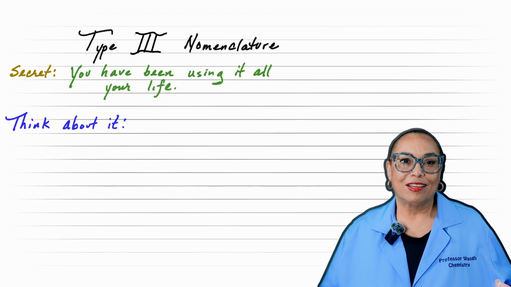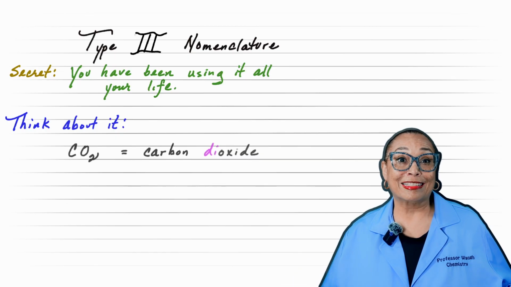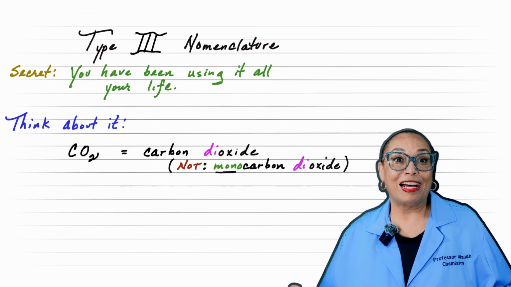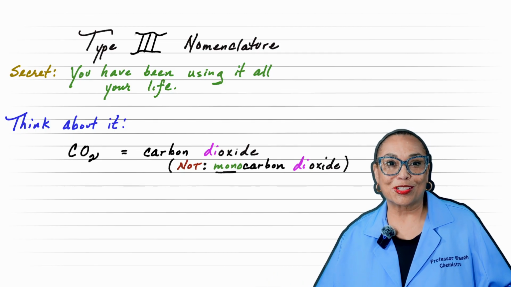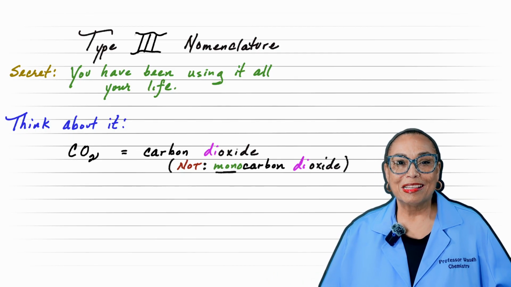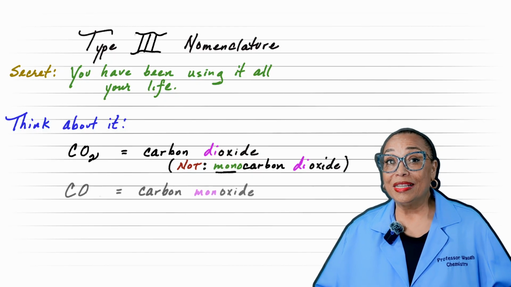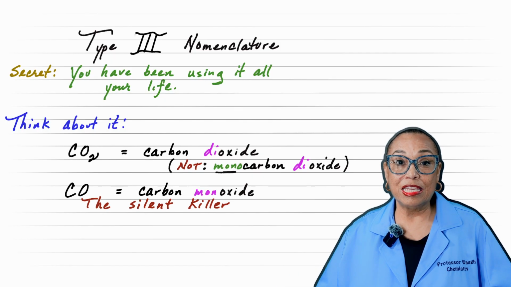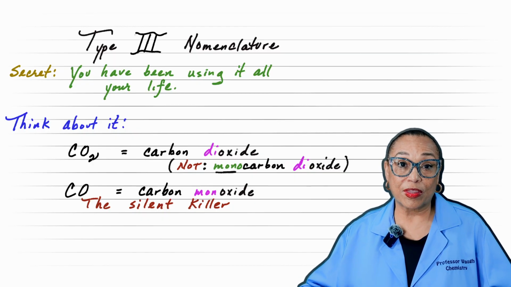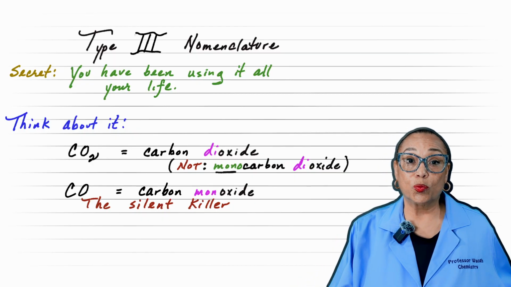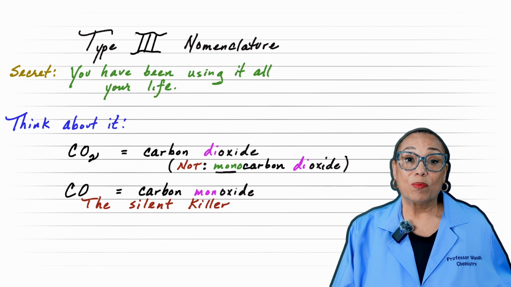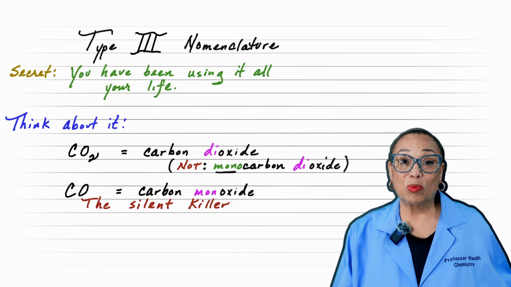Think about it. Carbon dioxide, right? The carbon and then the di tells you how many oxygens you have. Isn't that the coolest? Carbon monoxide. Now that's the silent killer. So don't leave your stove on without the flame, and don't go putting, back east, they try to heat up their house by putting the barbecue pits in the house.